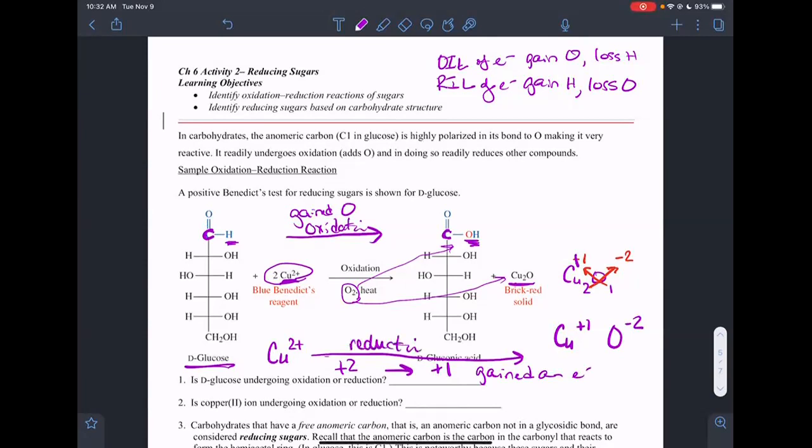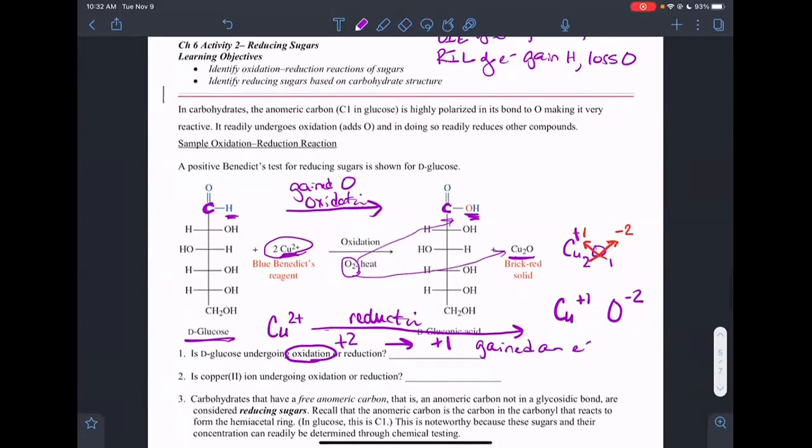That's why we call these oxidation reduction reactions, because one substance is being oxidized, one substance is being reduced. So is D-glucose undergoing oxidation or reduction? It is undergoing oxidation. And is copper 2 undergoing oxidation or reduction? It is undergoing reduction.